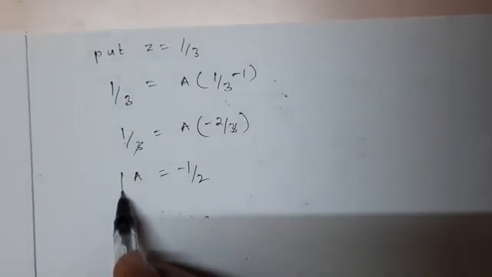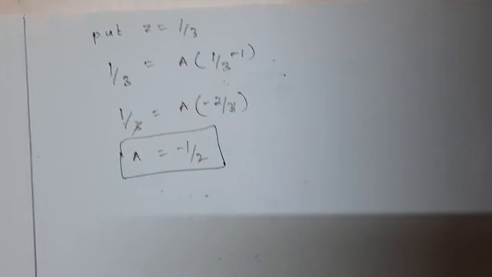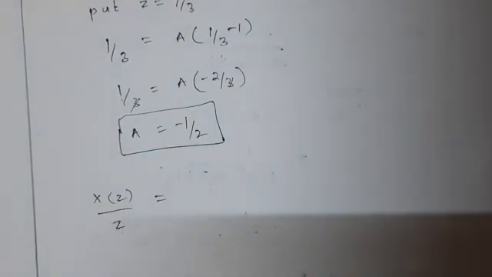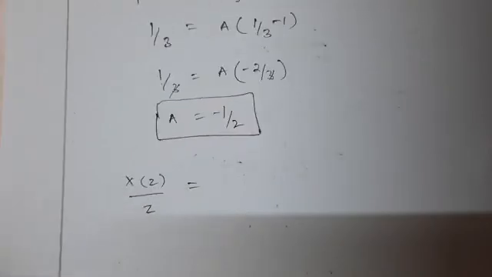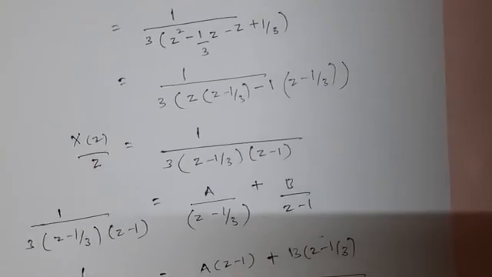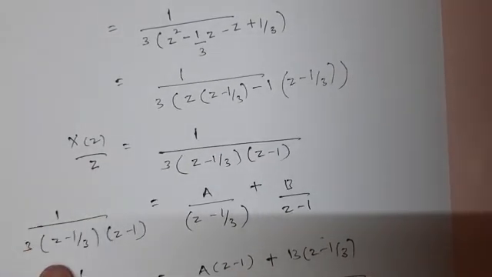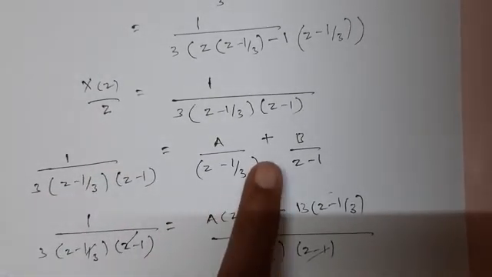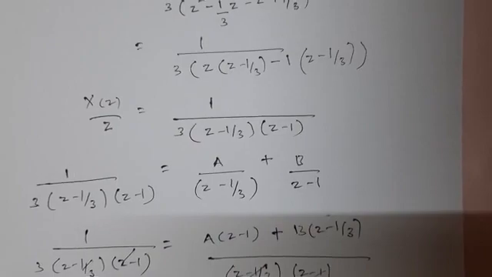This is the equation. So what is it, X(z)/z. Come back to our earlier equation. X(z)/z was A divided by (z - 1/3) plus B divided by (z - 1). Come to this equation. So what is your A, minus half, B, plus half.